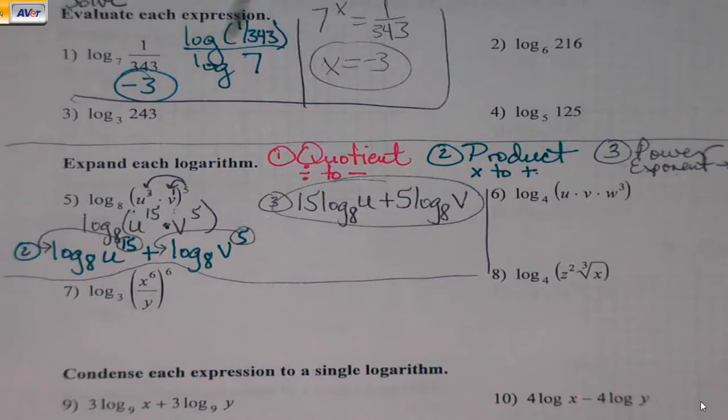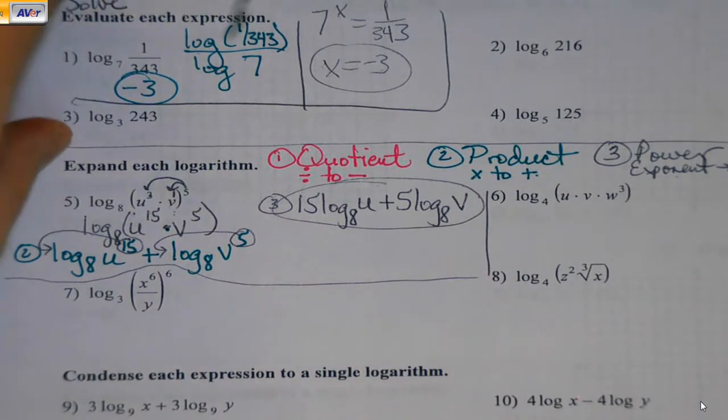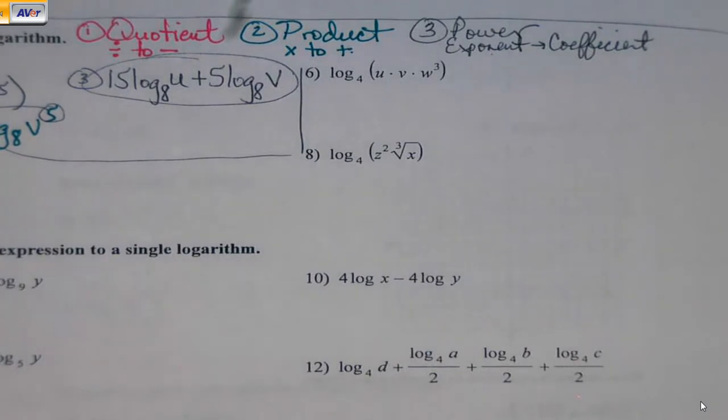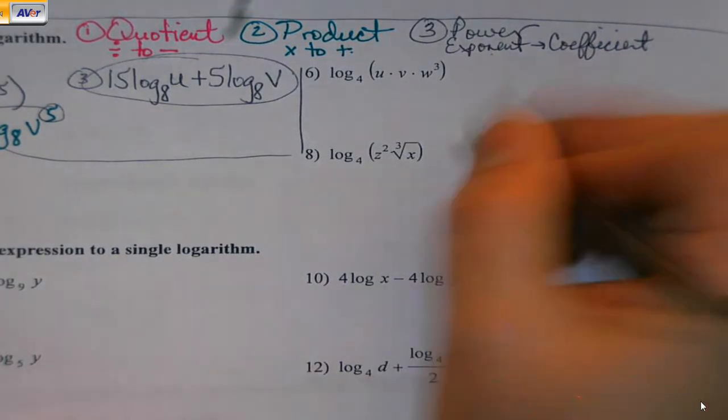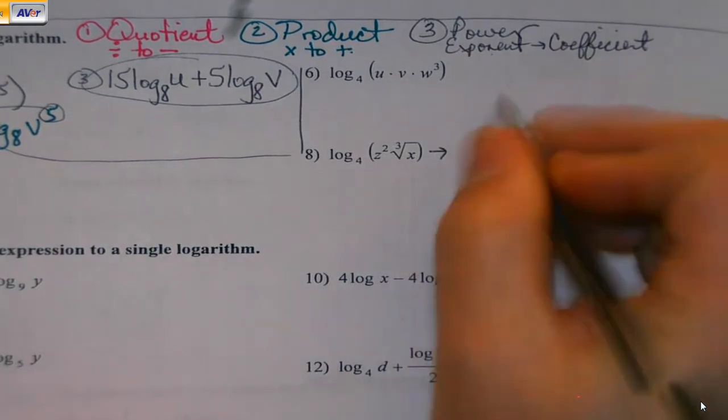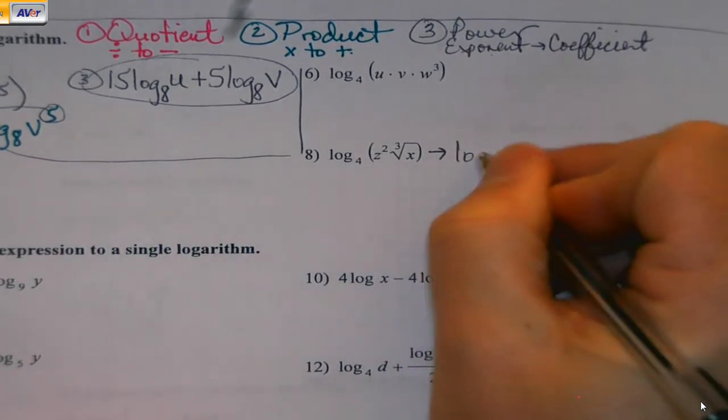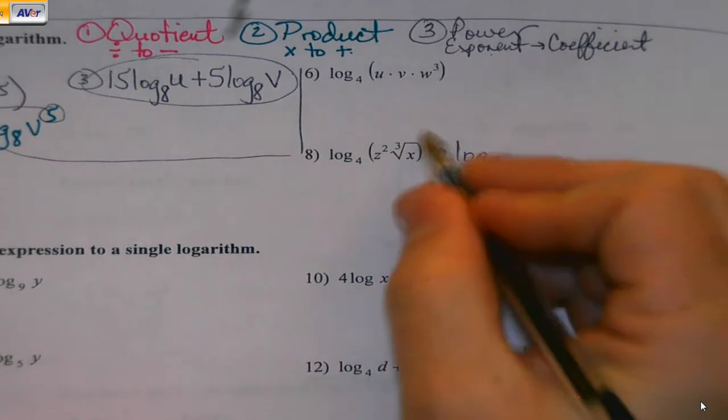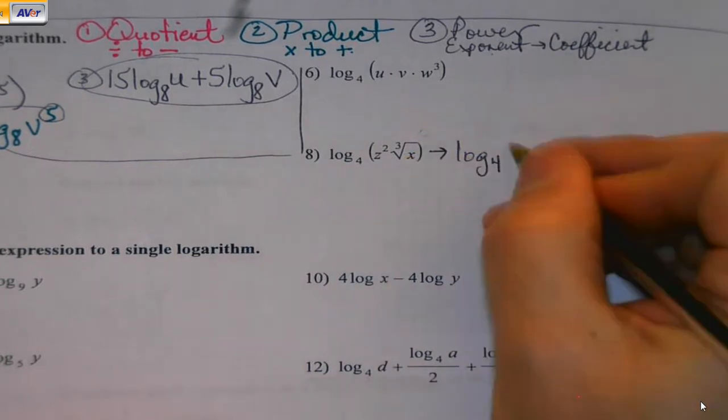Okay? And then the other one I want to take a peek at with you, because it's kind of strange, is number 8. Because like, woo, you got a radical working here. That's kind of odd. So how's that going to work? First thing we're going to do is rewrite this, sort of like what we did with number 5. Now I don't have an exponent out here that I'm working with, but this radical looks kind of weird.